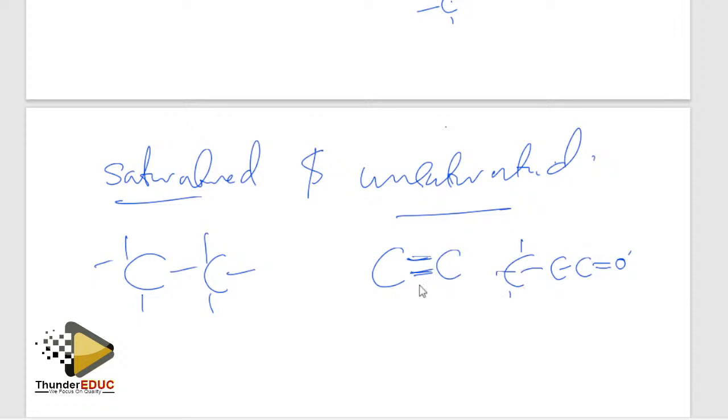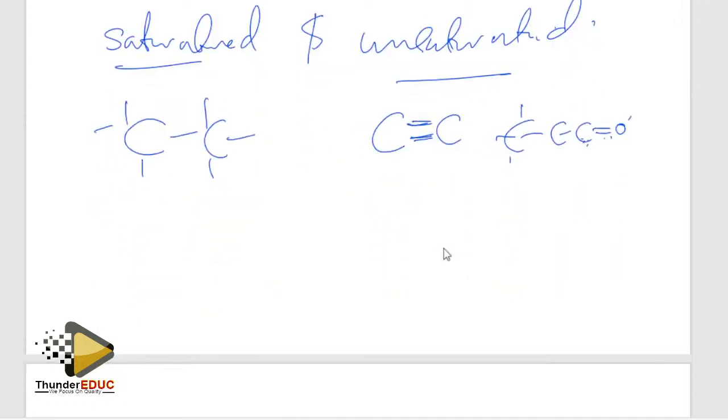It has a double bond somewhere, but the double bond is not between carbon atoms. So unsaturated compounds have a double or triple bond, and you have to say that it is between 2 carbon atoms. I think I'm clear there.